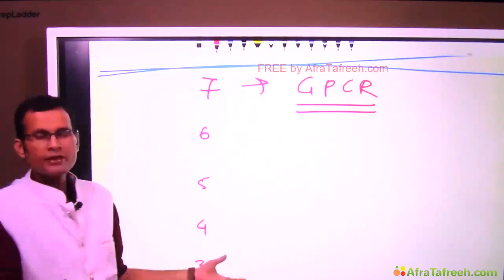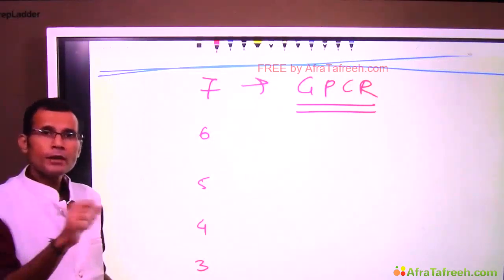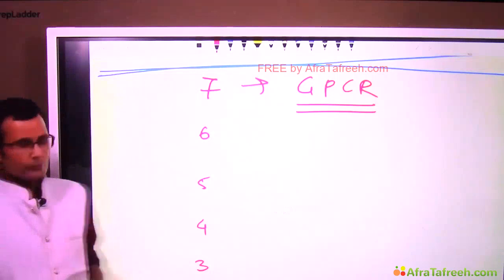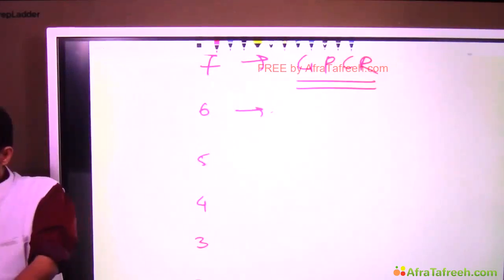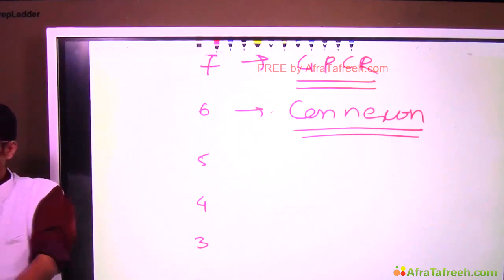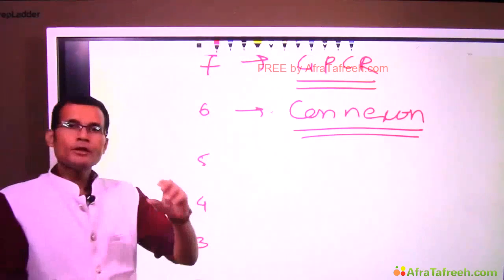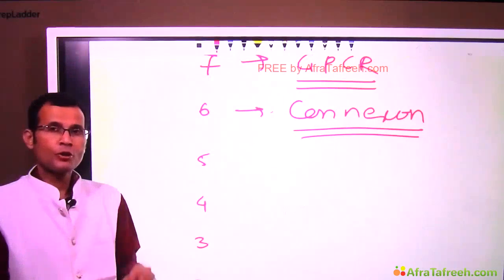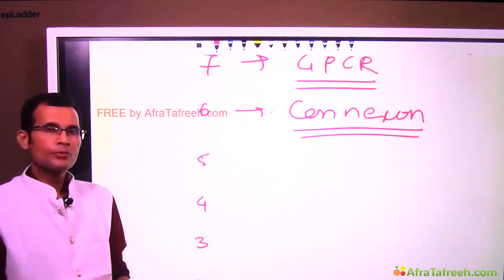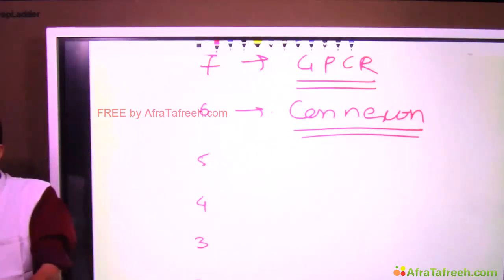Remember, we have discussed it previously. And it's also called serpentine receptor. So 7 transmembrane segments. 6. Remember, connexon that forms the gap junctions between the cells. It is made up of 6 subunits of connexins. So connexon is a hexamer which is made up of 6 connexin subunits.